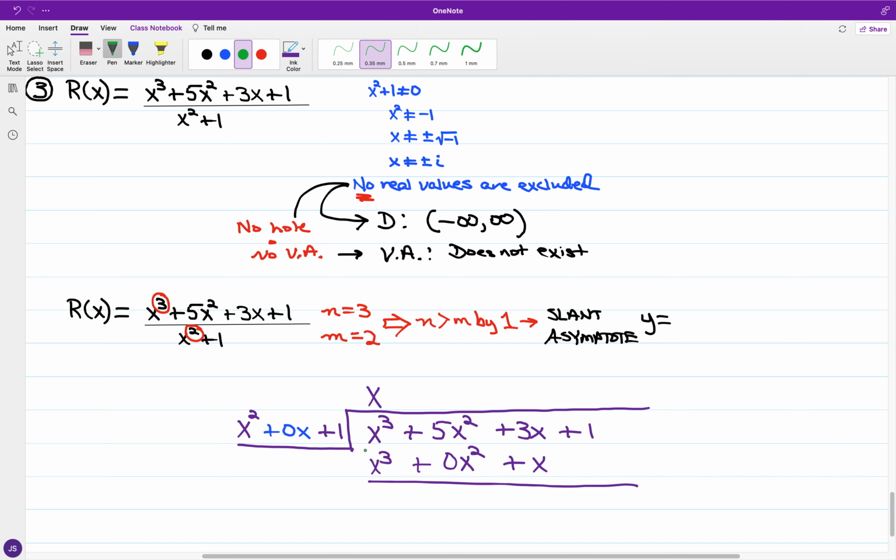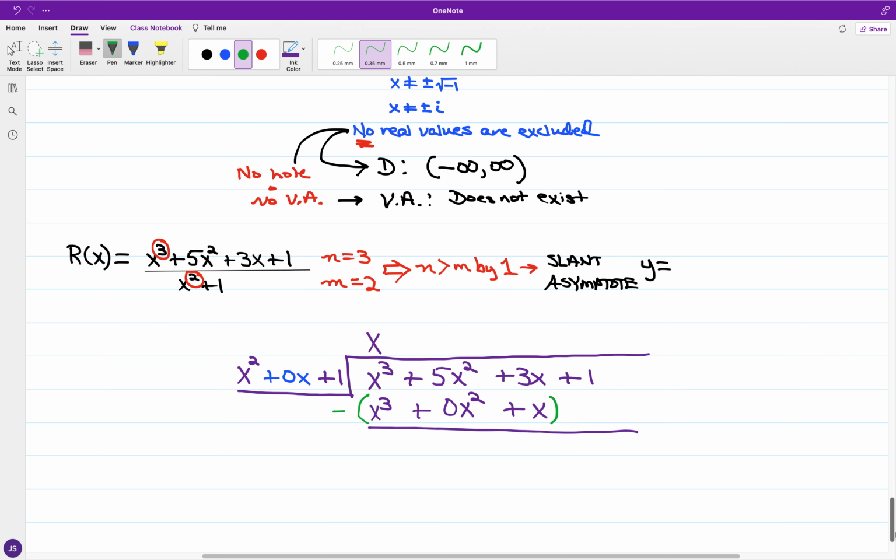Again, with long division, I'm looking at row by row subtracting. So I got x cubed minus x cubed, and we have 5x squared minus 0. So this will be 5x squared. And we got 3x minus x, so this will be 2x, and I can bring down the 1.